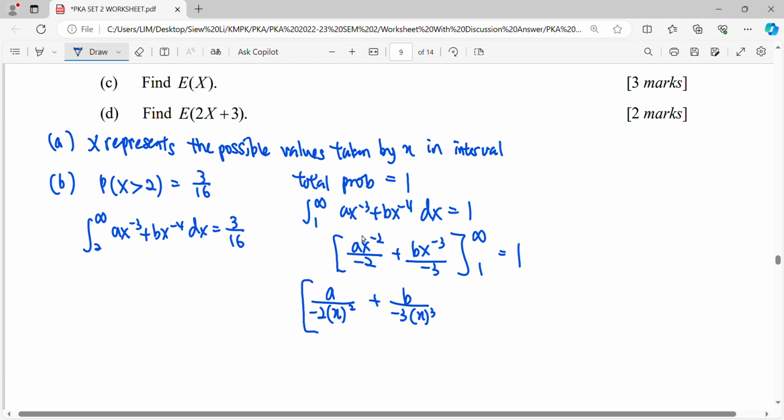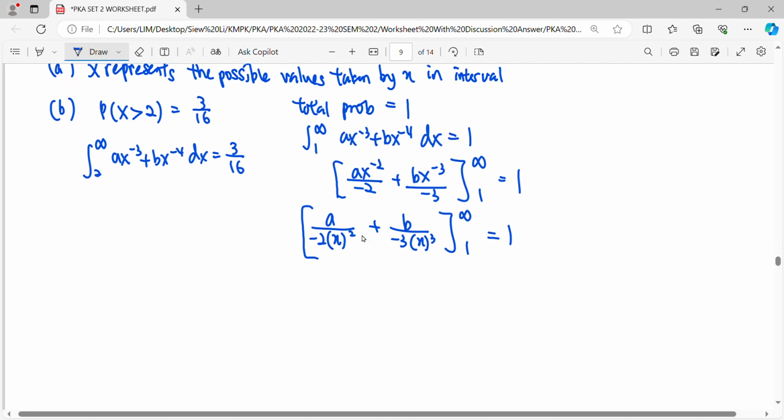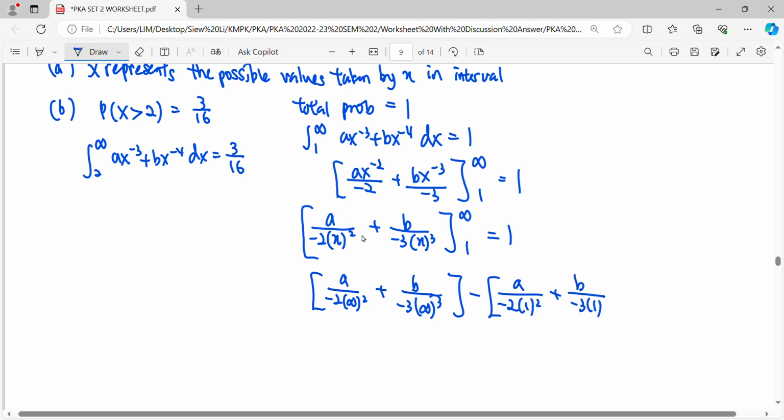We rearrange here in order to handle infinity. So when you substitute infinity, a over negative 2 infinity squared, plus b over infinity cubed, minus the lower limit, equals 1. Infinity squared is approximately infinity.